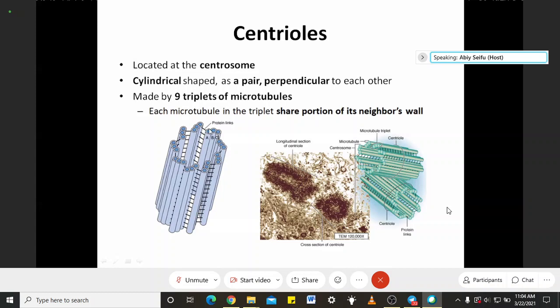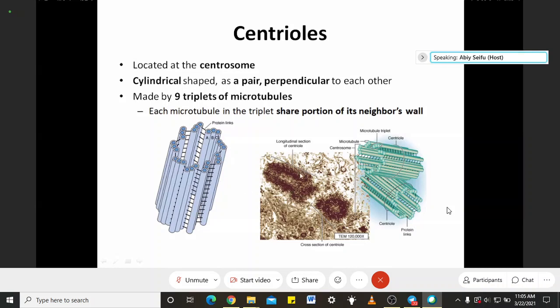So only one microtubule is complete, whereas the remaining 2 are incomplete, but they make a complete microtubule by sharing 3 protofilaments from their neighbor. That's how the centrioles are formed.